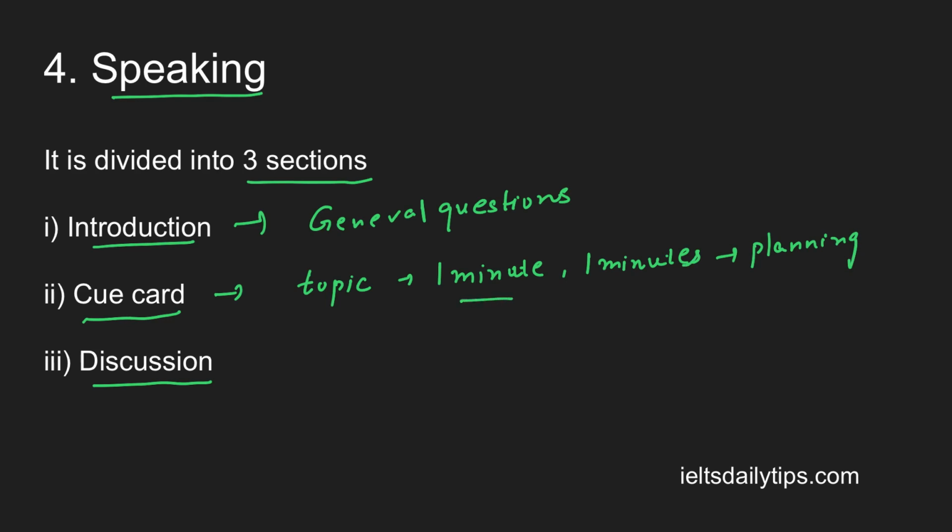You have to speak on the topic without stopping in between unless asked to do so. The third will be the discussion round. In the discussion round, you will be asked questions based on the topic asked, or it can be a different one as well. So these are the three rounds of the speaking test.